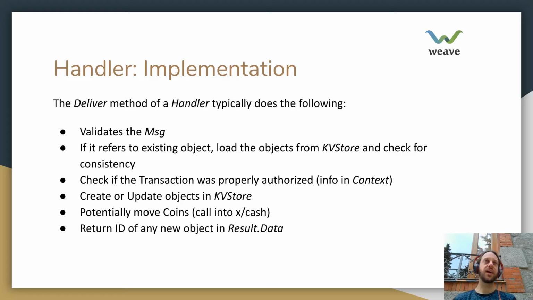The implementation of a handler is relatively straightforward. A deliver method will have to validate the message, which has its own validate field. If it refers to an existing object, like execute an escrow, it will load that object from the KV store and check for consistency, and it'll check for authorization on it. If I want to release an escrow, I will say the escrow ID.